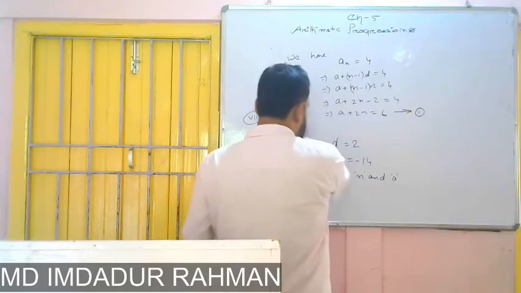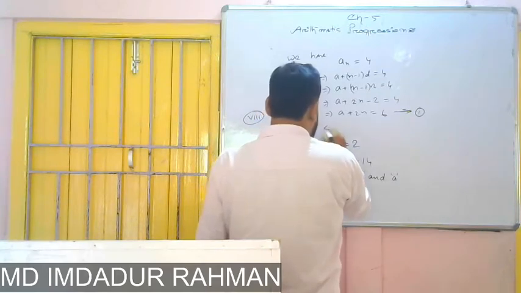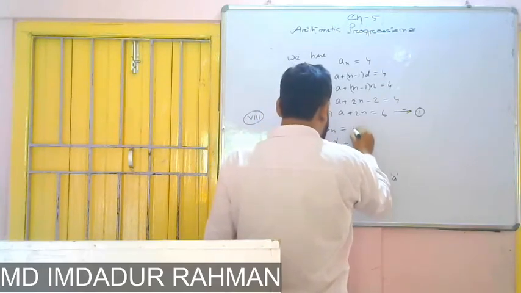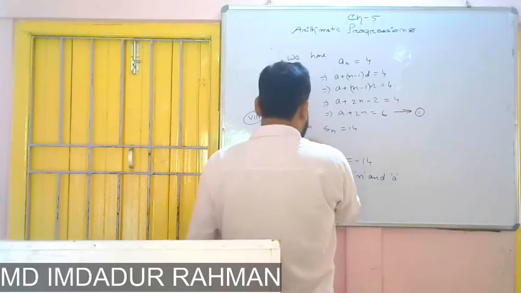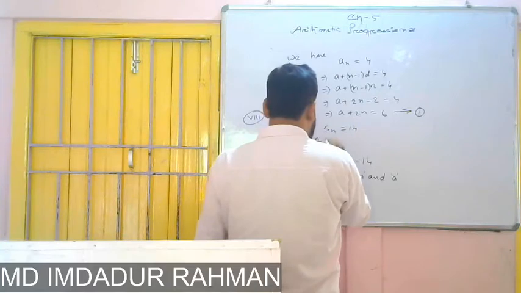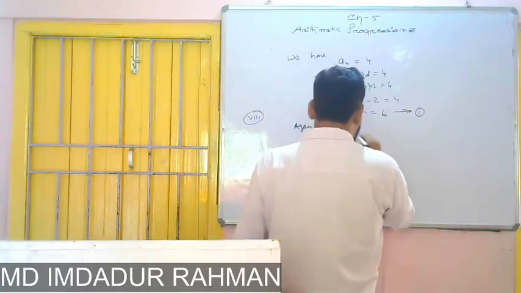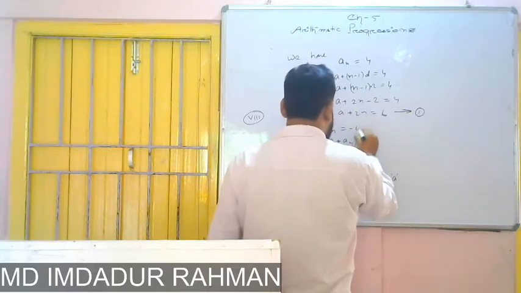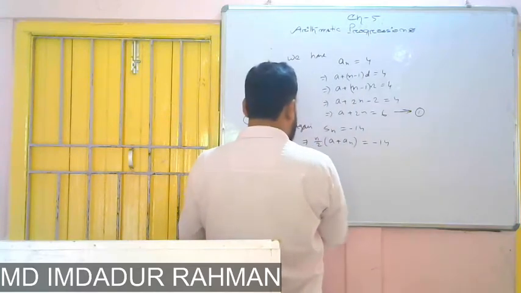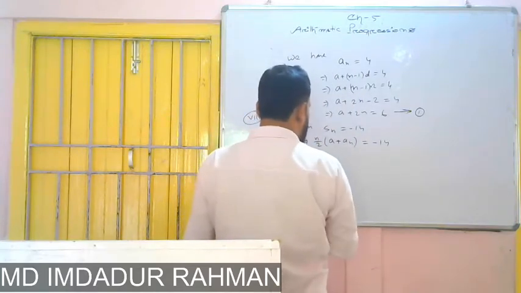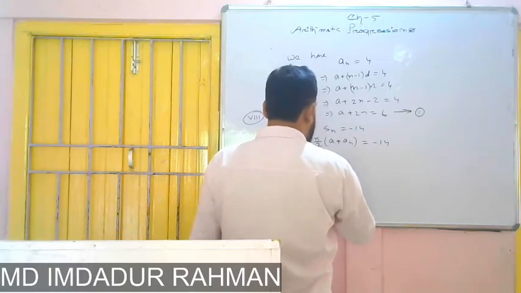Again, Sn is equal to minus 14, implies n by 2 into a plus an is equal to minus 14. What is n? We don't know n. n by 2 into, what is a?